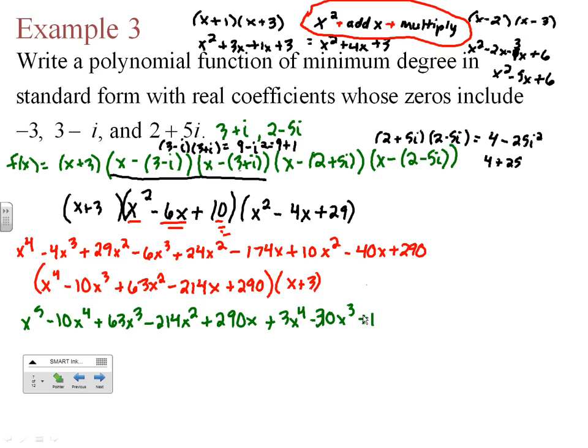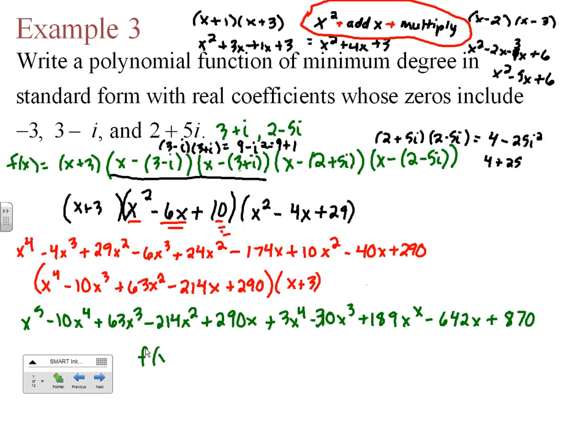So plus 189x squared. 214 times 3 is 642. And then 290 times 3 is 870. So now once I add like terms here, I'm done.